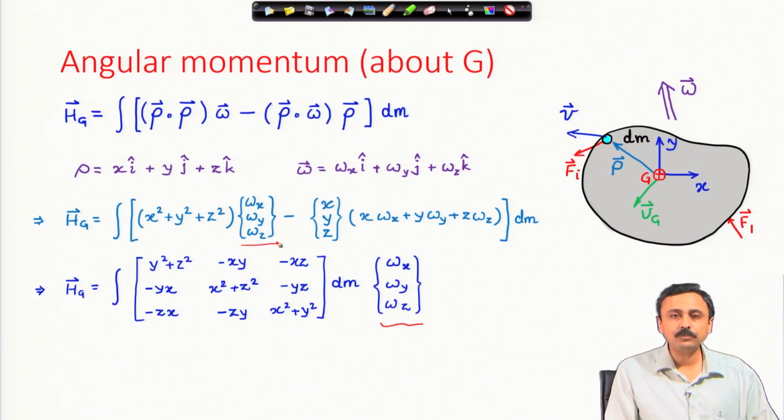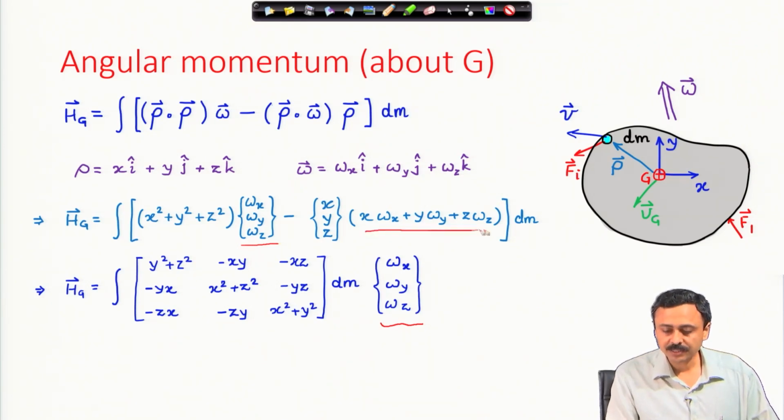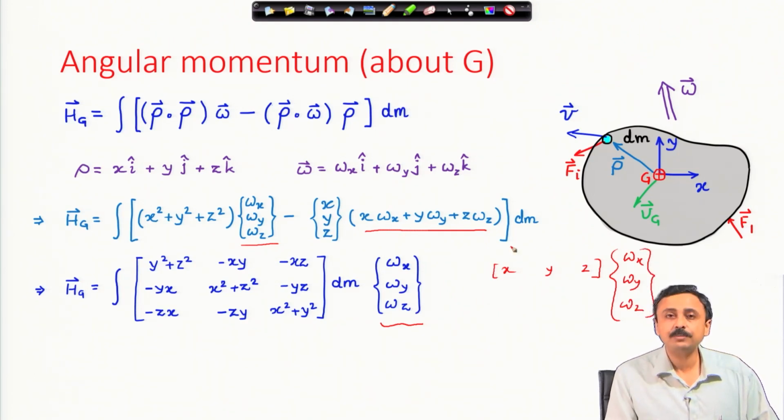In the first term, we already have this omega vector sitting here. The second term can be written as x y z times omega x, omega y, omega z, and that is how I have pulled out omega from the second term as well.